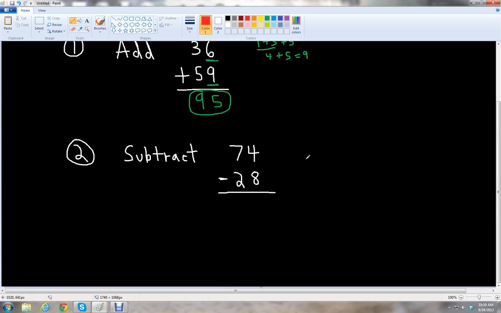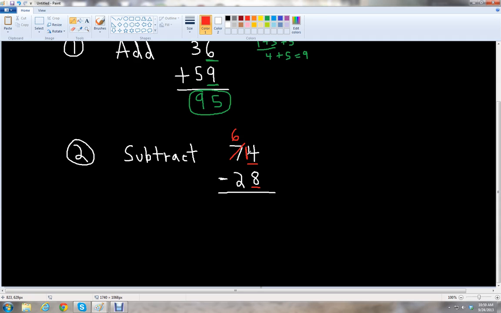Okay, so now the next one we're going to look at is subtracting 74 minus 28. So we always look at the ones digits first, 4 and 8, and we can't take away 8 from 4. Okay? So what we need to do is borrow from the 7 tens and make that 6 tens, and then we add 10 to 4, and that gives us 14.